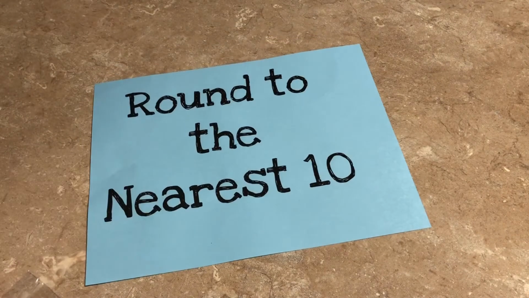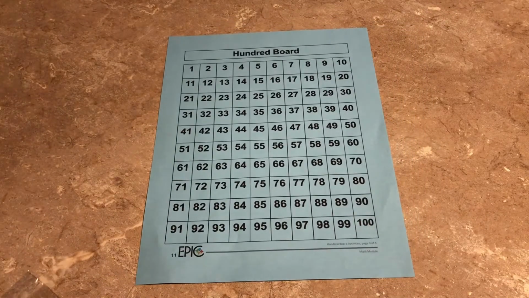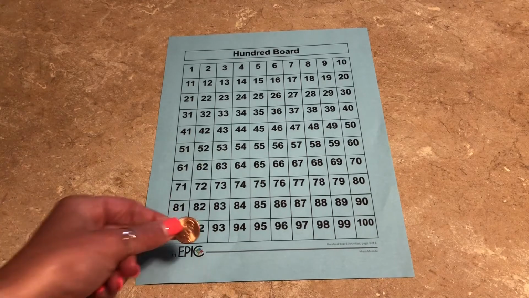Let's begin with round to the nearest 10. In this activity, you are going to need your hundreds board, and you're going to need a counter. So Mrs. Driggers is going to use a penny.